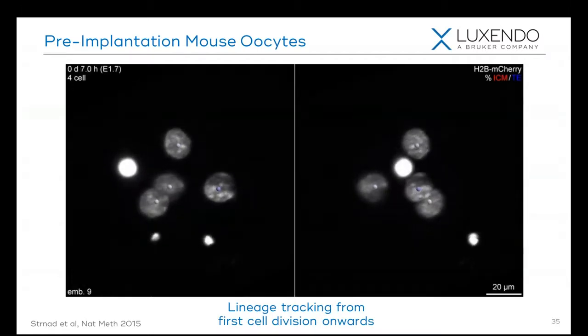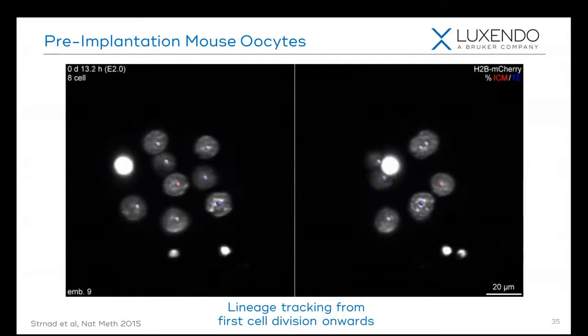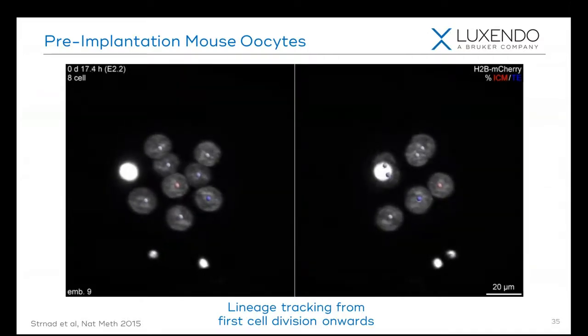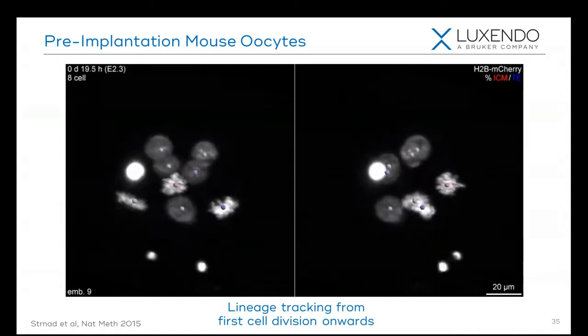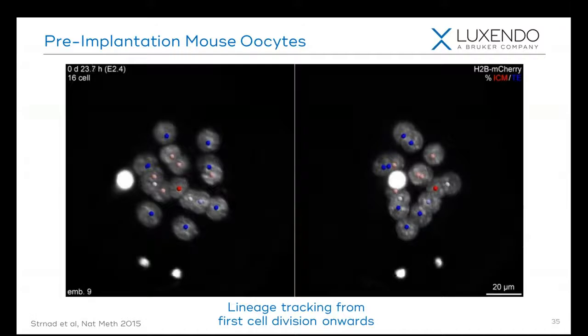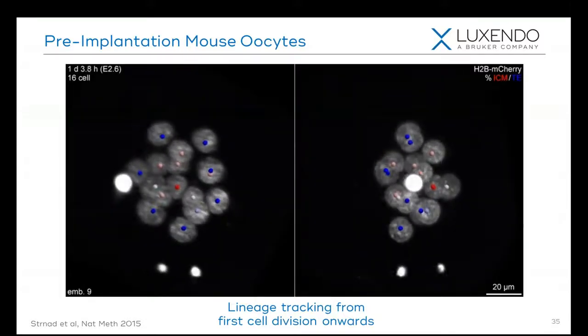These individual nuclei or cells can be tracked based on their cell lineage. And so what you'll see is the little balls that are marking the cells will actually change color as the cells determine their fate, either into one lineage or the other.